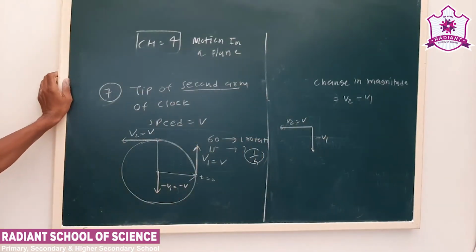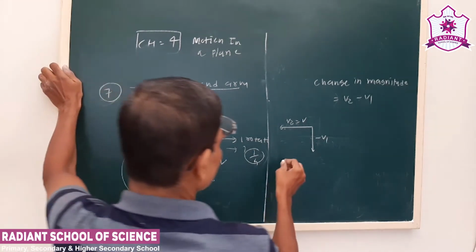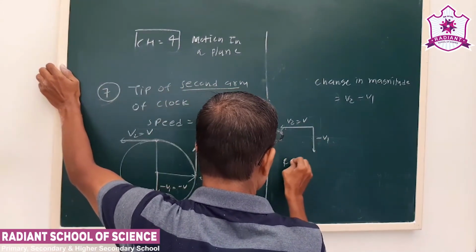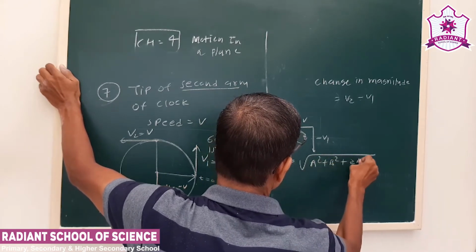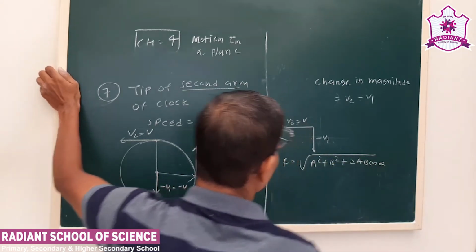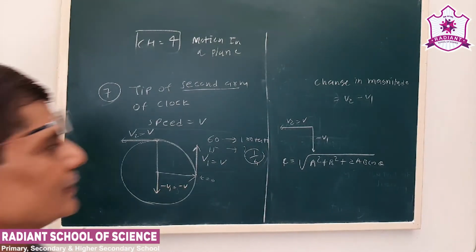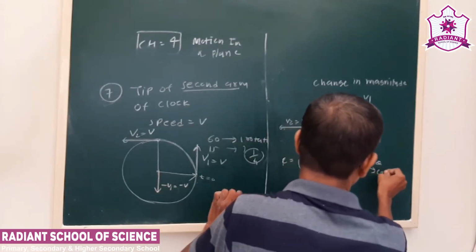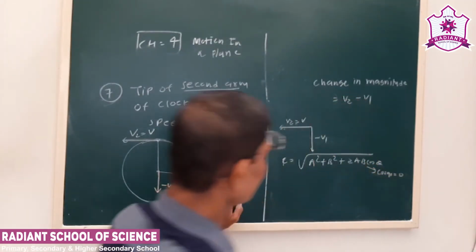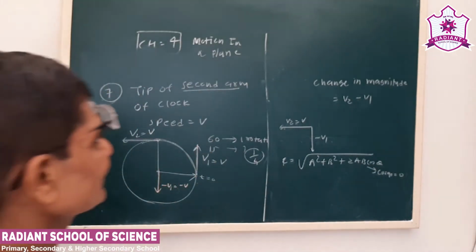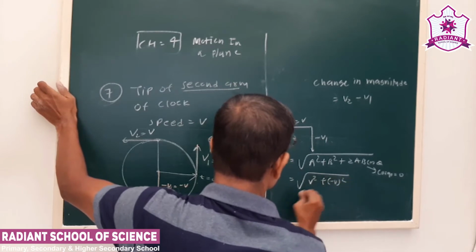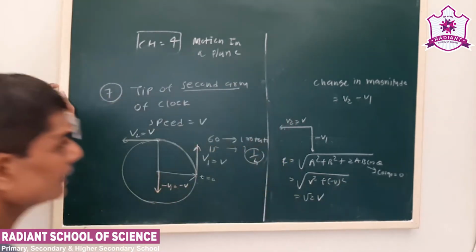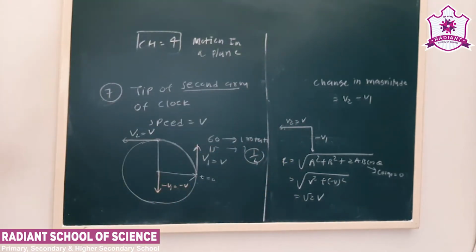Again they are at right angle, so you can use the resultant formula, but theta is 90 and cos 90 is 0, so it is simply Pythagoras: v square plus v square. So the change in magnitude is root 2 v.